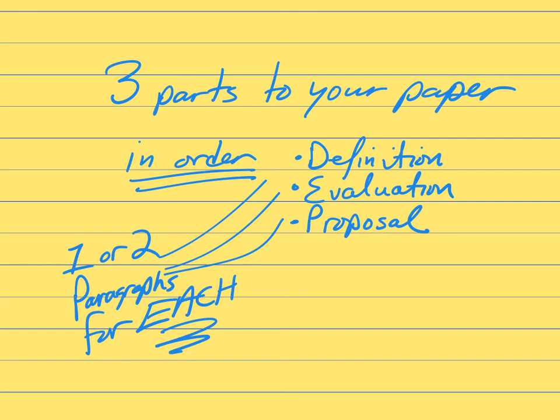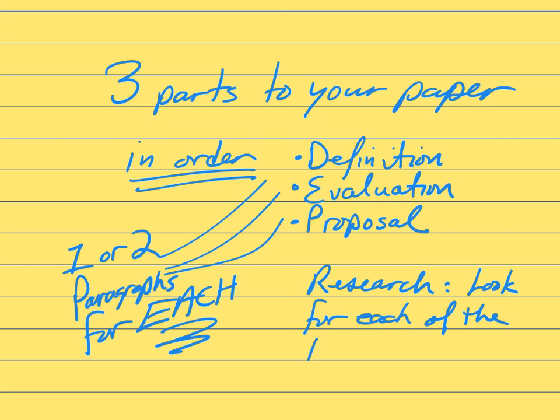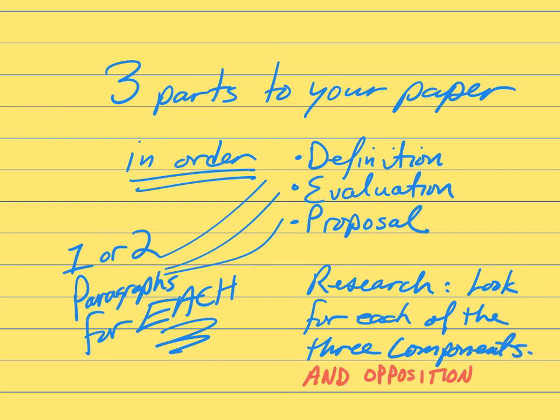Each of them will have quotations that come from your research. Your research is where you looked for definition, evaluation, and proposal, and you also found opposition that goes with 1, 2, or all 3 of these, because you need to deal with opposition as well.